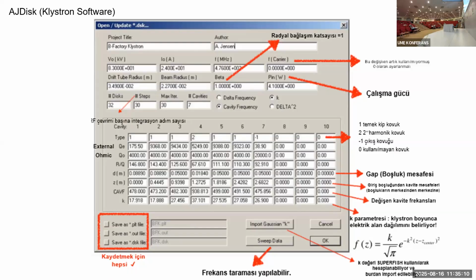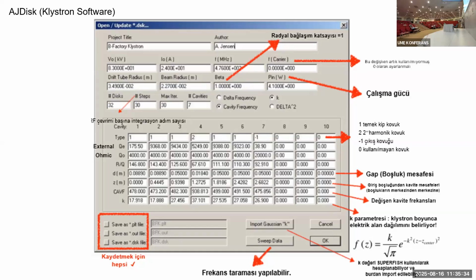And then current, electron beam current. What's your main frequency? It's okay. What's that? Carrier frequency, you don't need the carrier frequency because you don't have carrier frequency too.